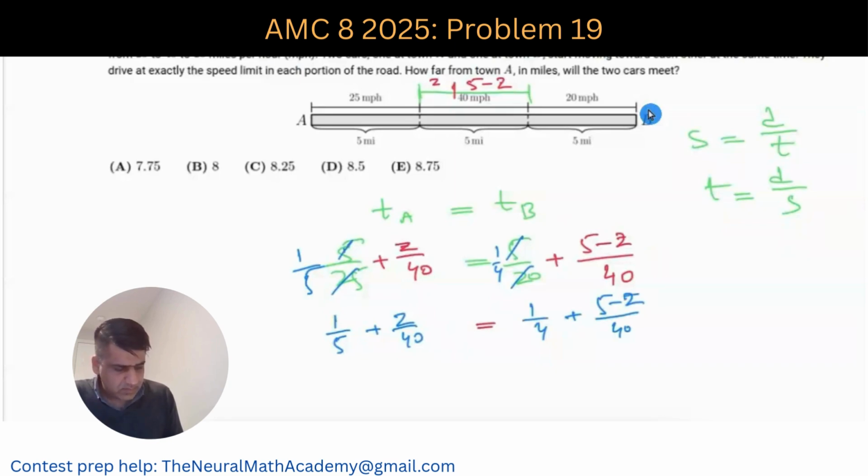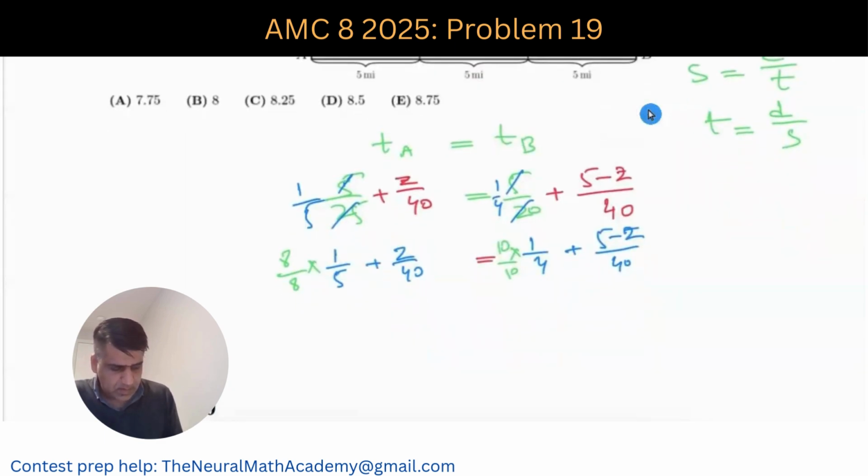Then I can simply multiply this 10 by 10, this one 8 by 8. And then here I'll have 8 over 4d plus z over 4d. This one will be 10 over 4d plus 5 minus z over 4d.